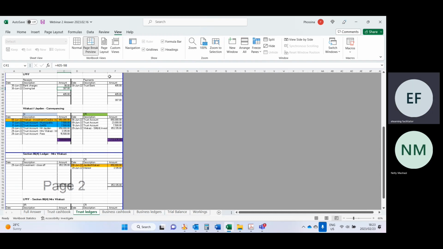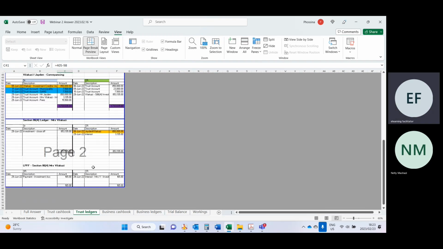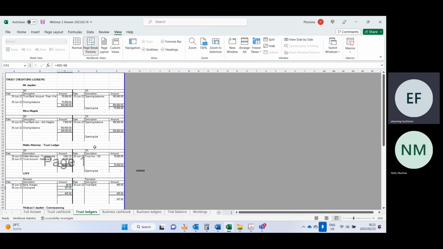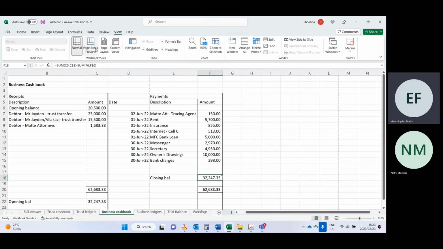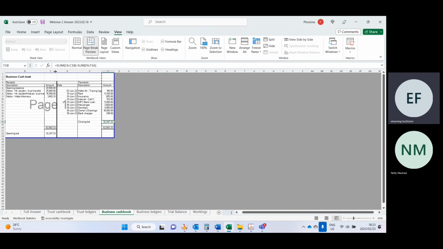How do you do that? You just double click on top and then they become visible. So you've set it up. You go to your cash book page break preview, and where you see hashtags, you double click to open up.